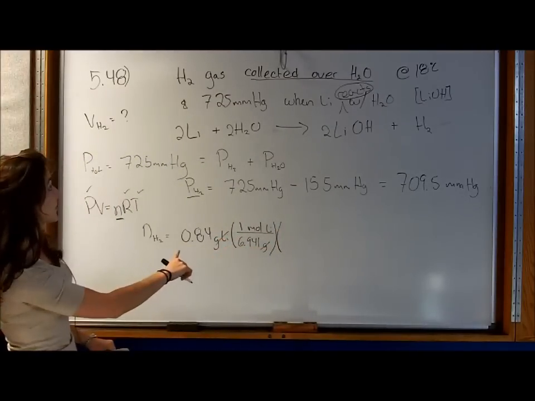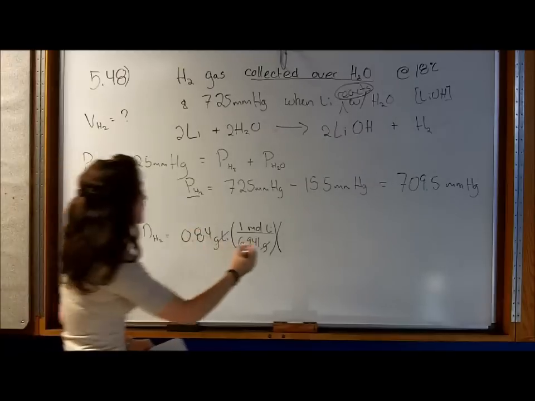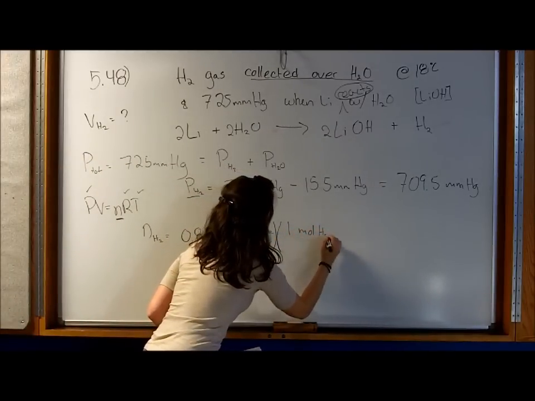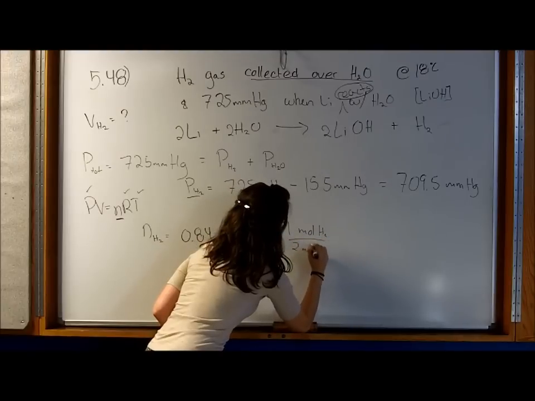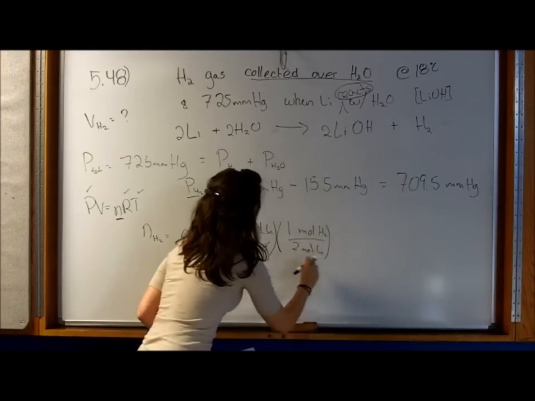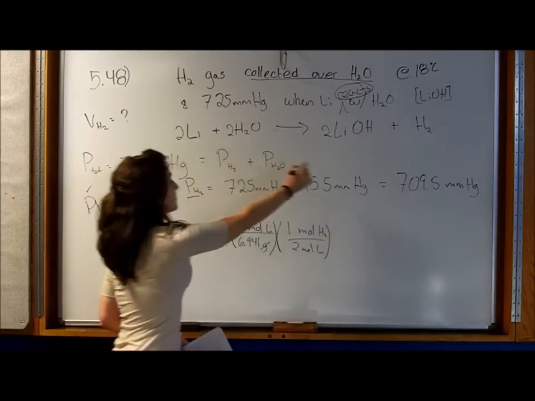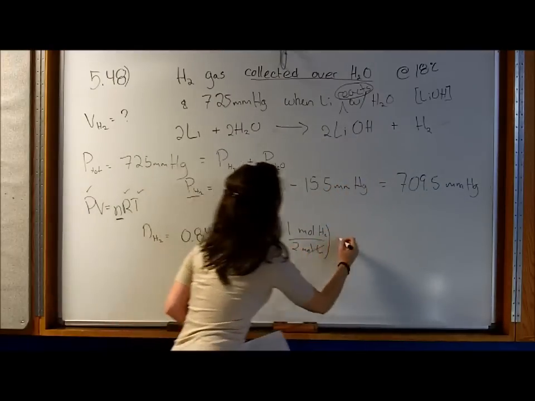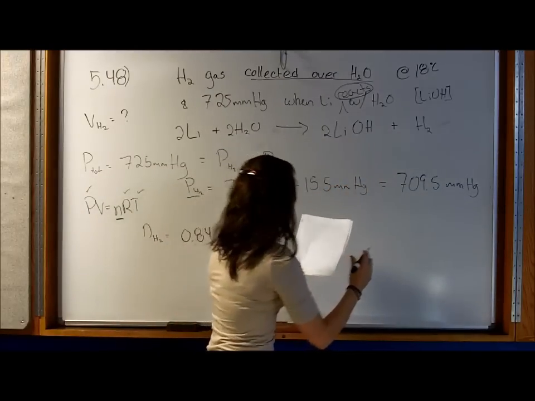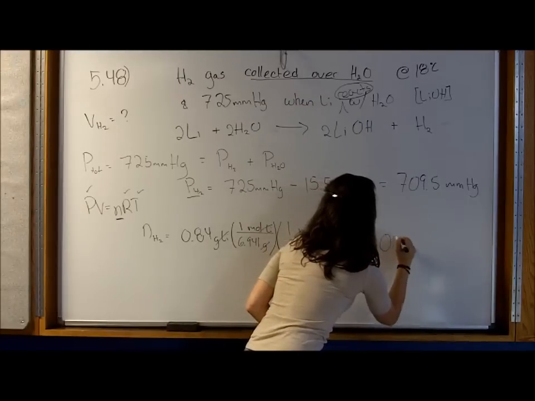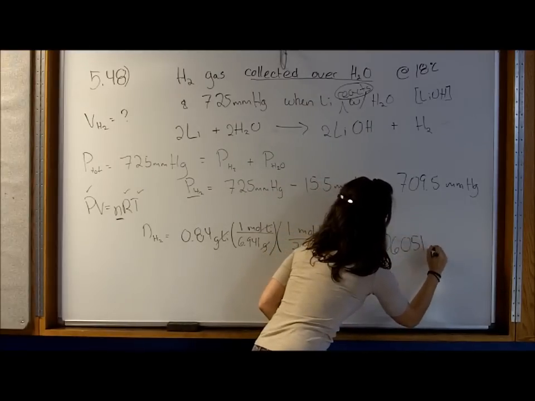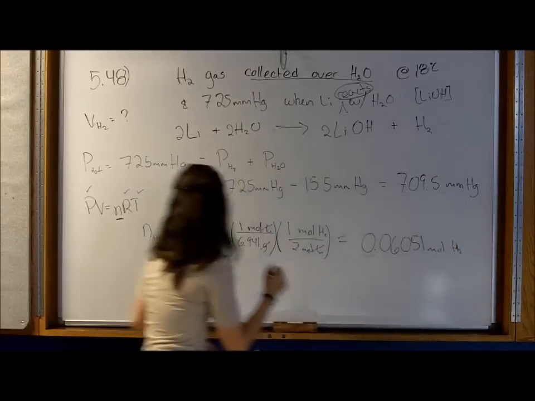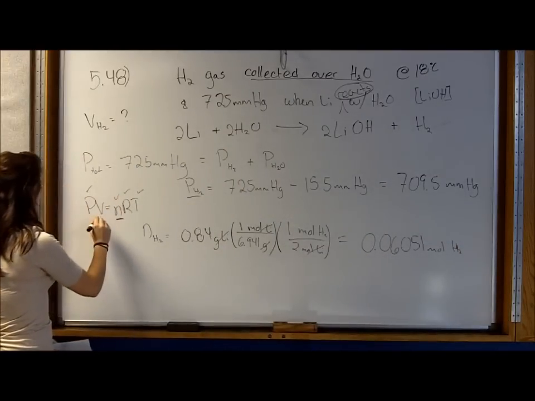Now to convert from moles of lithium to moles of hydrogen, we're going to have 1 mole of H2 per 2 moles of lithium reacted. 2 moles of lithium, 1 mole of H2, and then moles of lithium cross out, and we're left with moles of H2, which is going to be 0.06051 moles of H2.